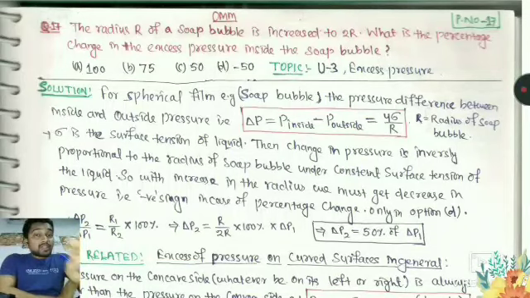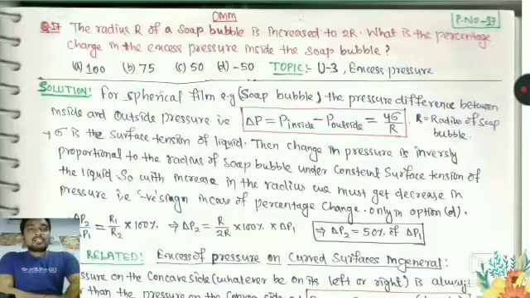By intuition, or by remembering only this formula, delta P, the pressure difference, is equal to 4 sigma by R, inversely proportional to the radius of the soap bubble. That is, with increasing pressure, the radius will decrease. Radius decreases means pressure increases, that is, a negative sign must be attached. Only in option D there is a negative sign. So, not calculating, we can pick the result.